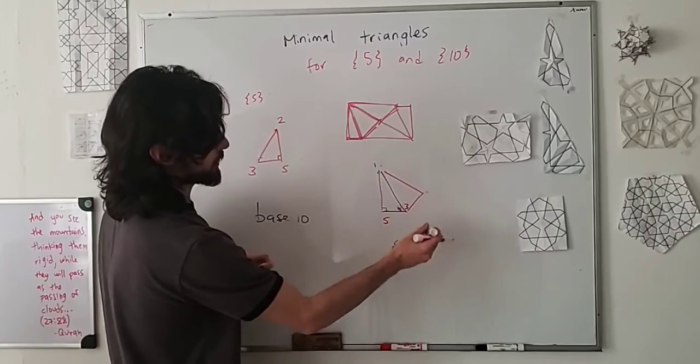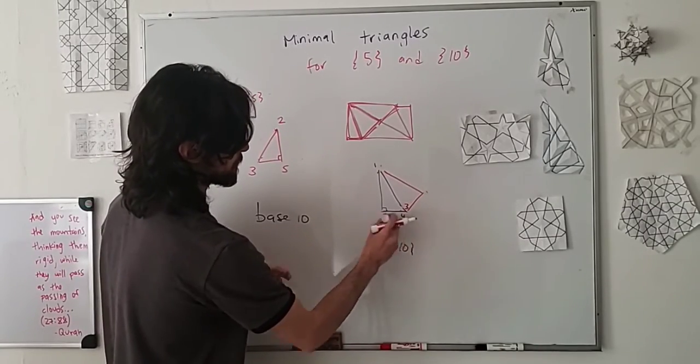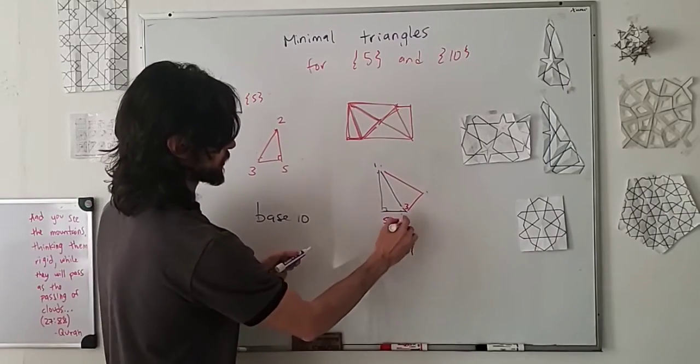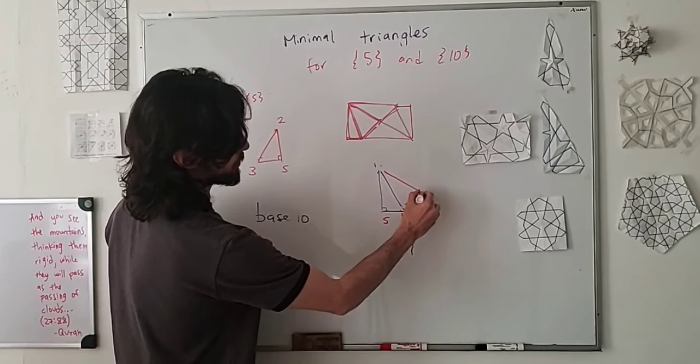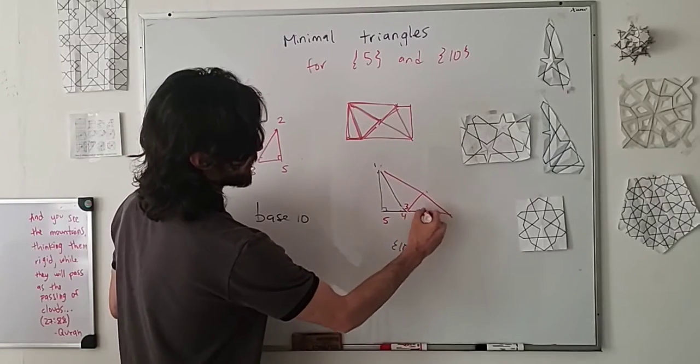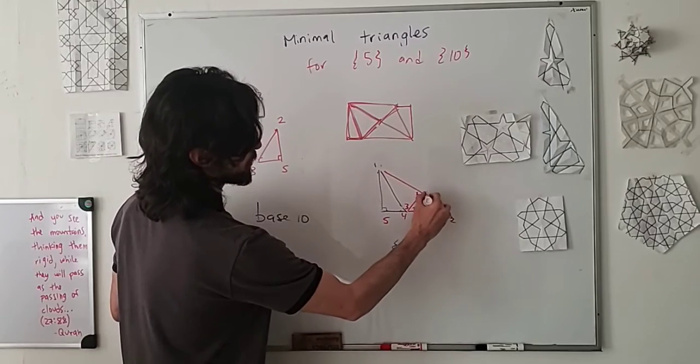This is 1, we have to add up to 10, that's right. So 4, 3, that's 7, and we're missing 3, so we put in the same triangle. That's a 3, that's a 5, that's a 5, and that's a 2.